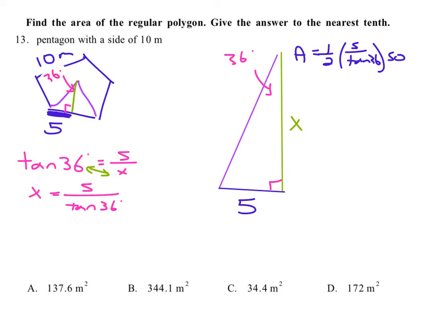And I calculate 172.04. So I'm going to write it as approximately 172.0 meters squared. And even though they didn't show it out to the tenths, that's what you're seeing here down there at D.